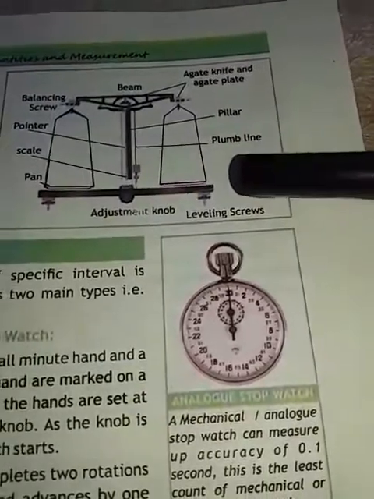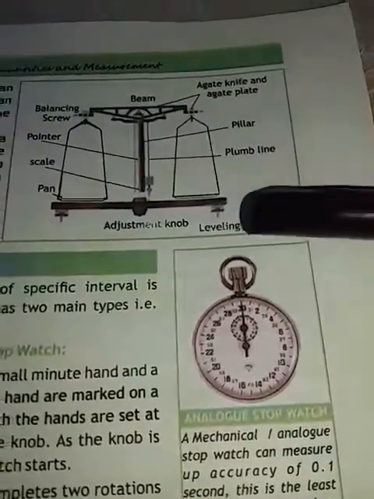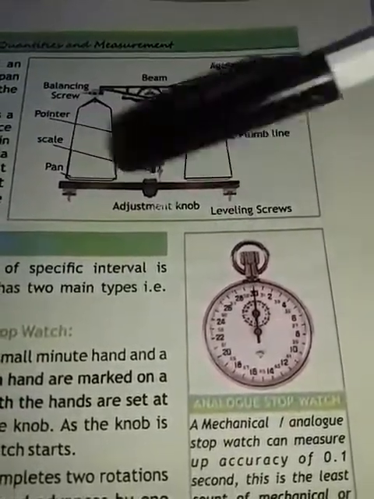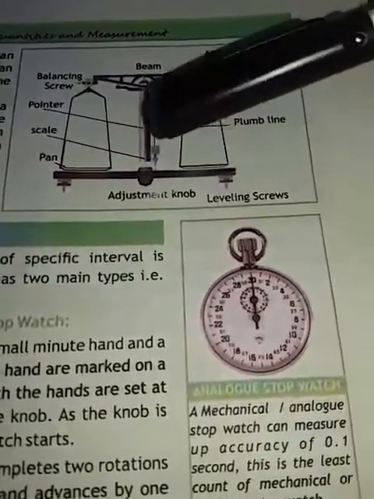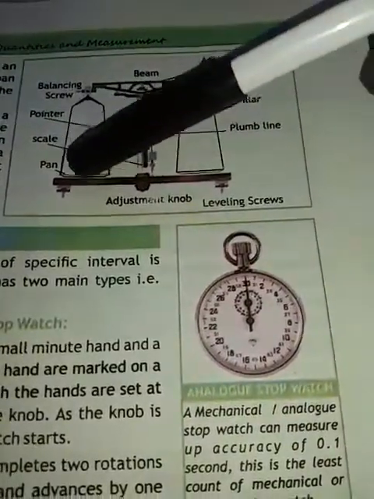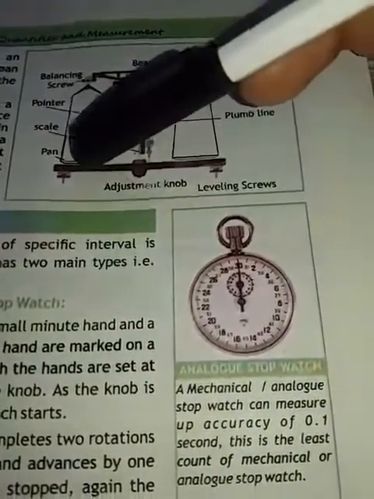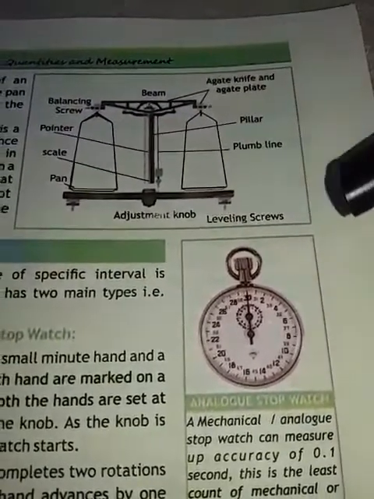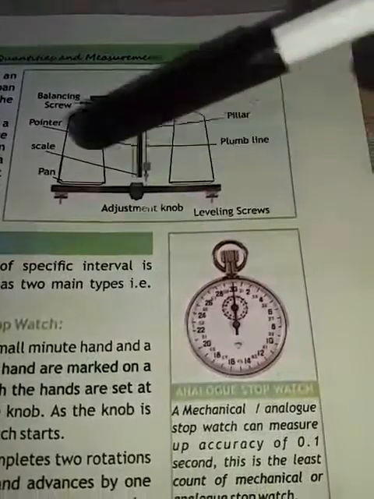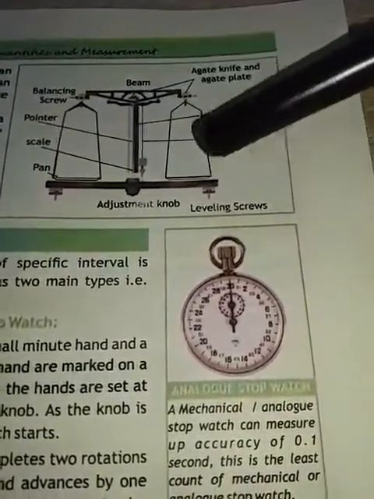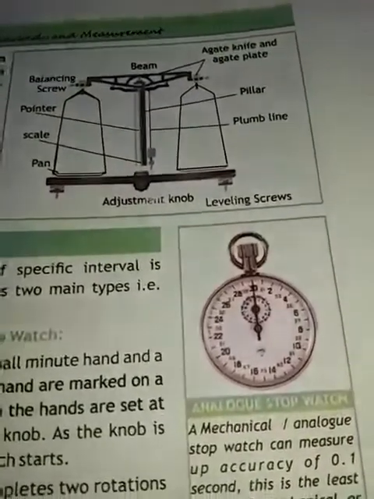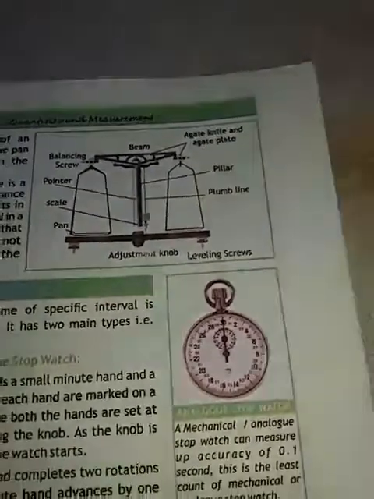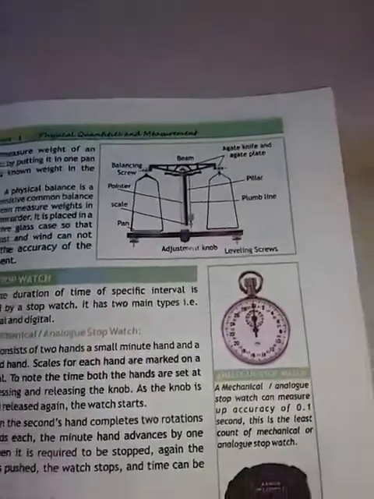First we add 5 gram in this pan, then 10 gram, and suppose the two are still unbalanced. So we keep adding known mass until the two pans are at equilibrium position. At that point we are able to find the mass of the unknown object. So this is all about the physical balance.